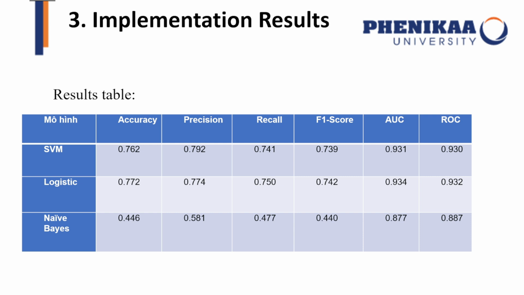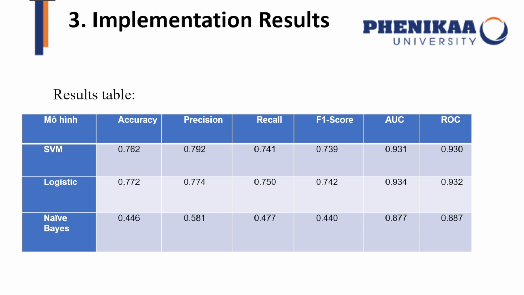Both AUC and ROC are above 0.93, showing strong class discrimination ability.